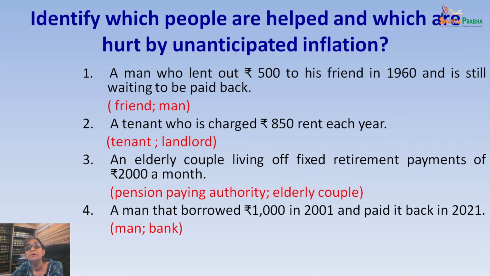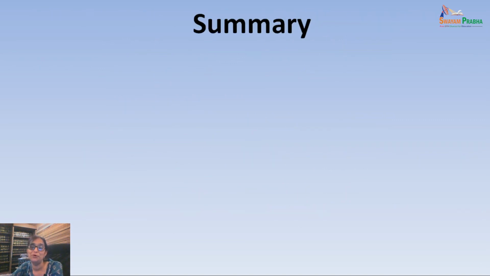So the man who had borrowed has been helped because of this unanticipated inflation, and the bank will lose. So this is how unanticipated inflation has a greater and negative impact rather than anticipated inflation. The reason being, anticipated inflation we take into account whenever we are taking any decisions, whereas unanticipated inflation cannot be accounted for.